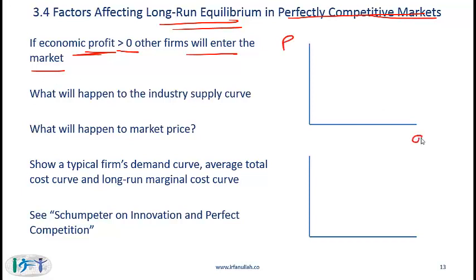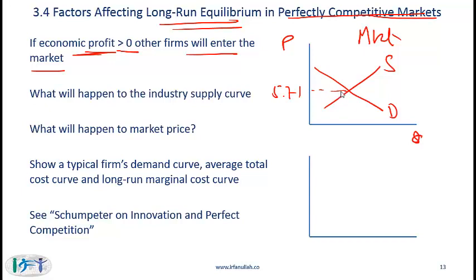So price quantity, here we are talking about the market. So initially, if we have this situation where we have a certain market demand curve, a certain market supply curve, and let's say we are at 5.71, if a price of 5.71 enables firms to earn an economic profit, then more firms will enter the market.